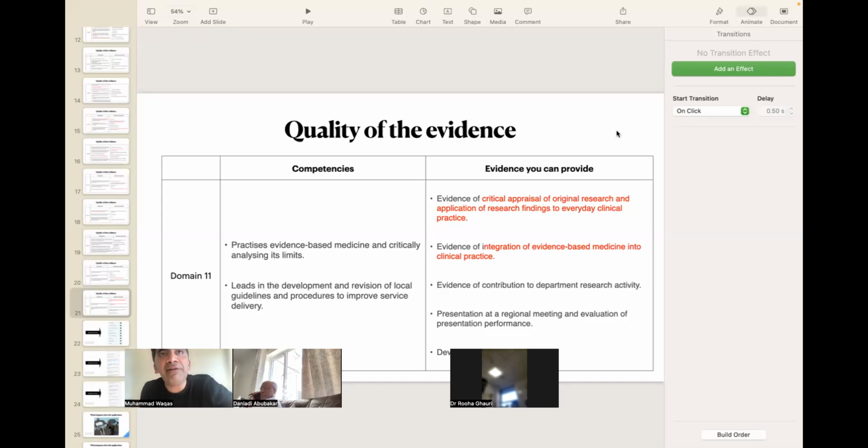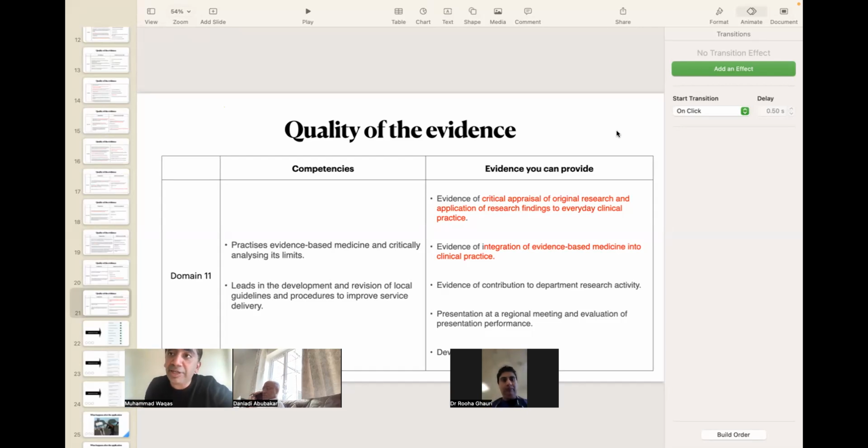Yes. Triangulation is basically the same thing I've just mentioned: getting evidence from different sources. For example, you are keeping a log of the patient and also having a portfolio assessment for the same case. Or if you have done a child protection report and you have also done a CBD of the same patient for a safeguarding CBD.